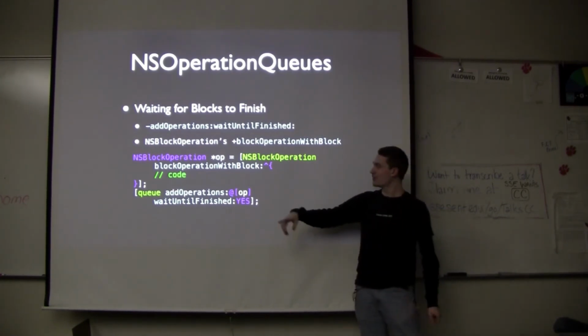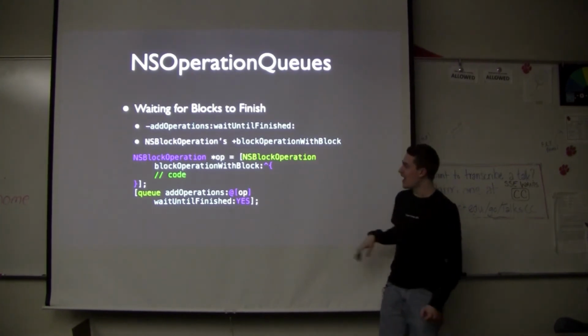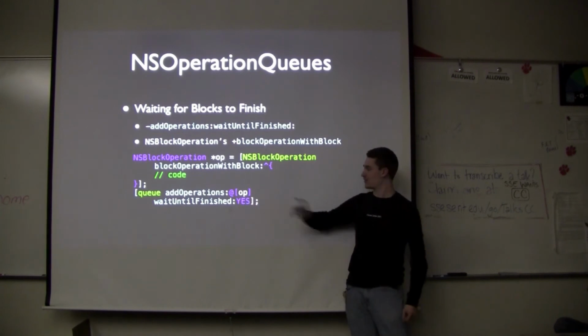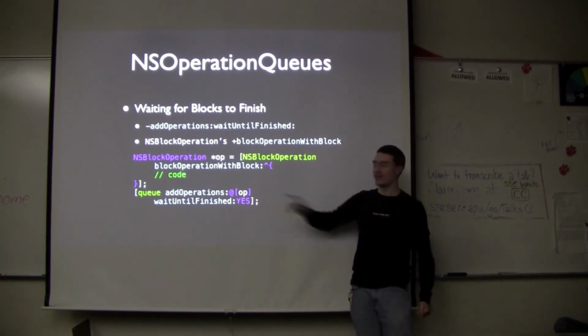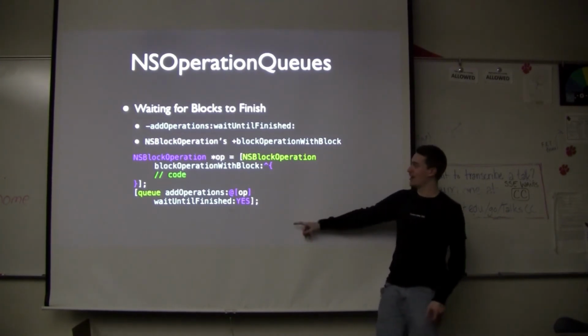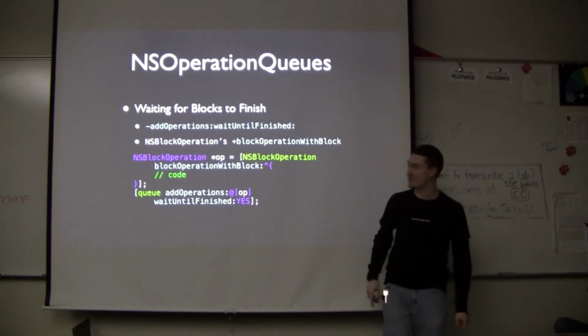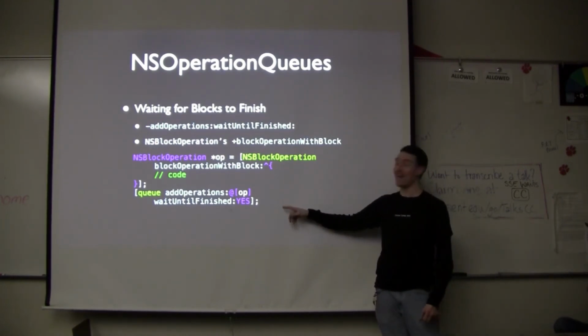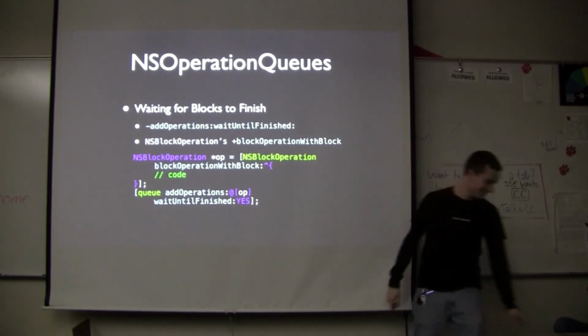Then on the queue that you want to add the block to, you call addOperations:waitUntilFinished:. You pass in the NSArray, and you pass in the boolean. If you want to wait until it's finished, you pass YES, and then your block gets called, and then your code continues. Otherwise, you pass in NO, and your block gets called, and your code continues.